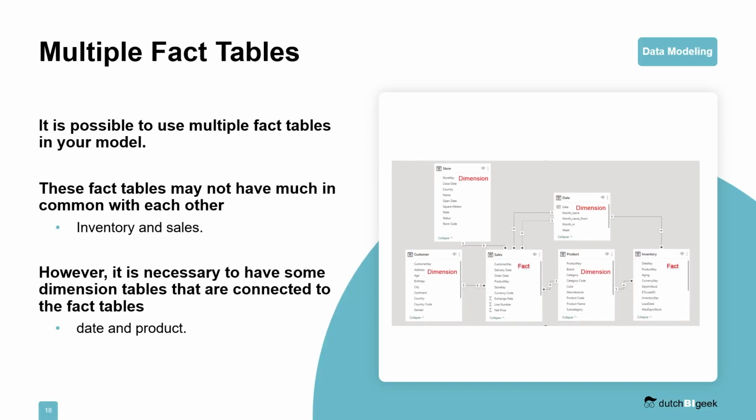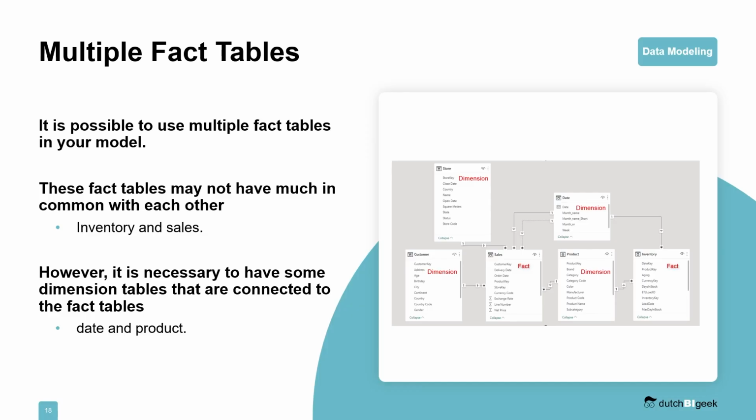Okay, so we now understand how we create a well-designed data model with a star schema or sometimes a snowflake schema, and also how we create the relationships. But in most cases you have multiple fact tables in your data model, and that's no problem.